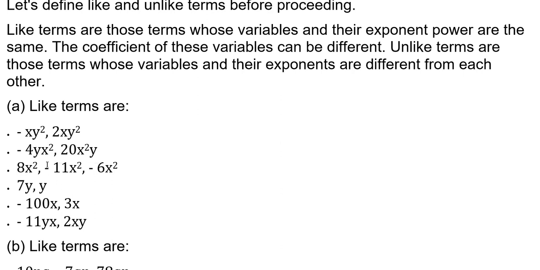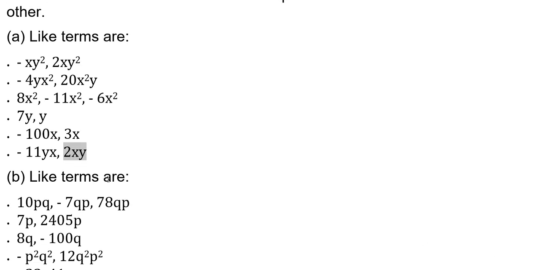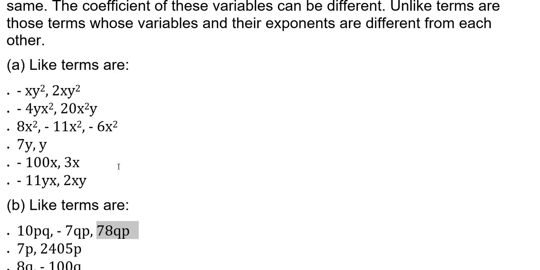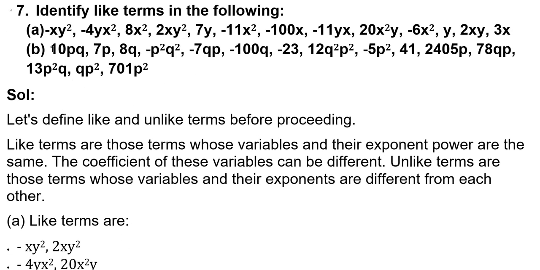Xy square comma minus 11x square comma minus 6x square, 7y, 7y, minus 100x, 3x, minus 11yx comma 2xy. Like terms are 10pq, minus 7qp and 78qp. We have 10pq and minus 7qp and this one 78qp. These have the same p and q variables and the same exponents.